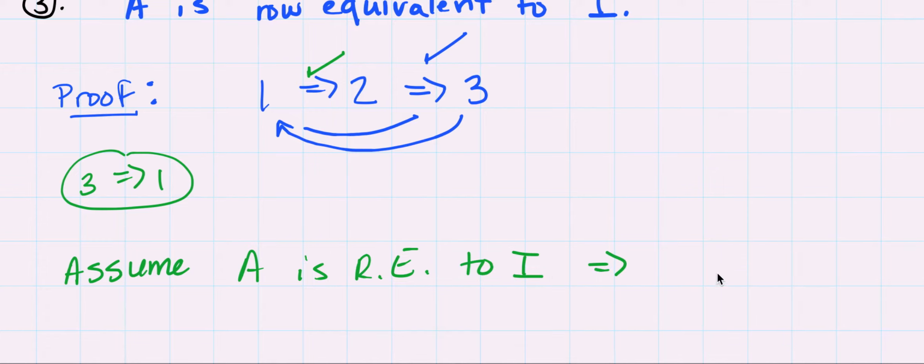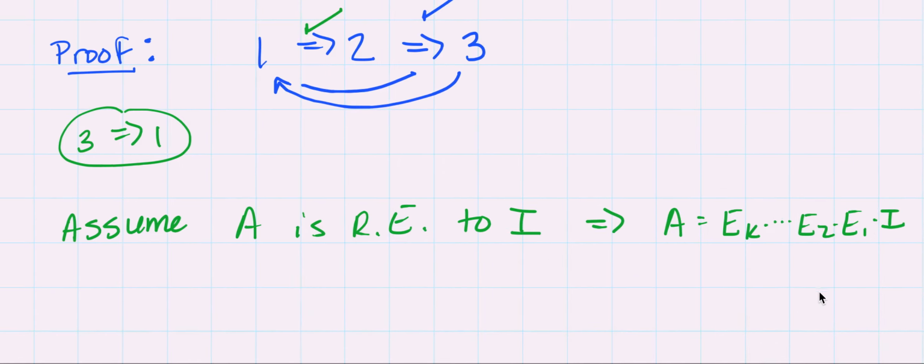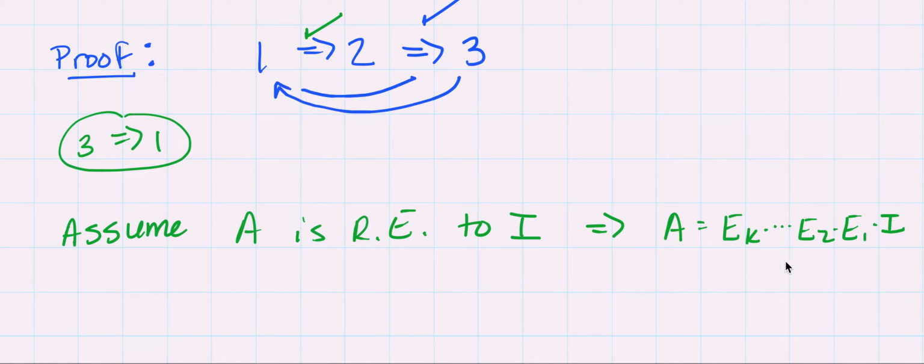That implies that A is equal to some elementary matrices times the identity. Again, we can get rid of these elementary matrices by just knocking each one off. Let me show you.